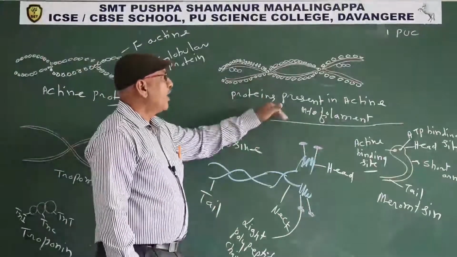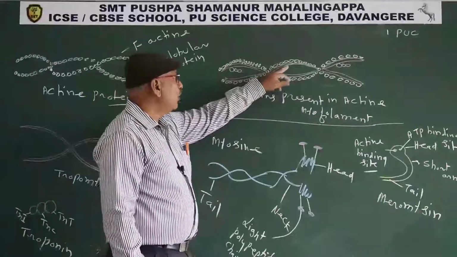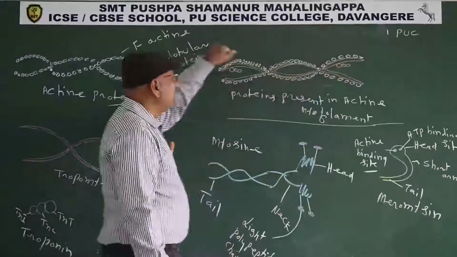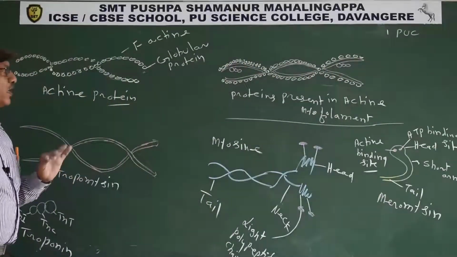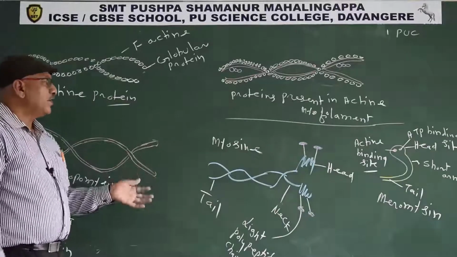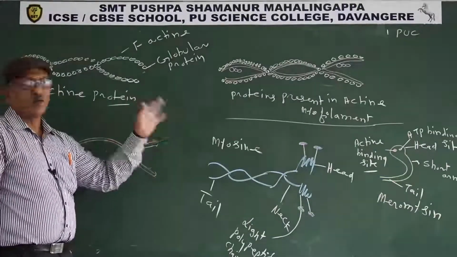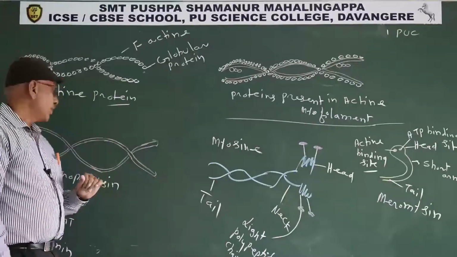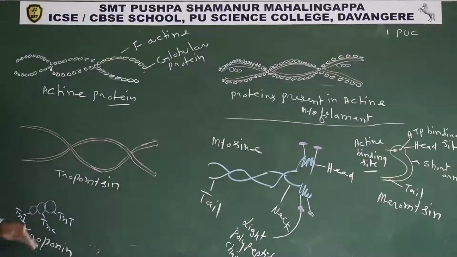So in the absence of calcium ions, the complex masks the active sites, and the myosin filament is unable to attach to the actin filament. That's why tropomyosin and troponin are known as regulatory proteins.